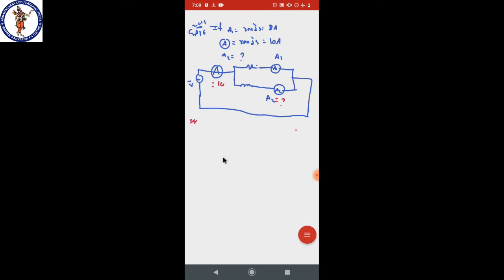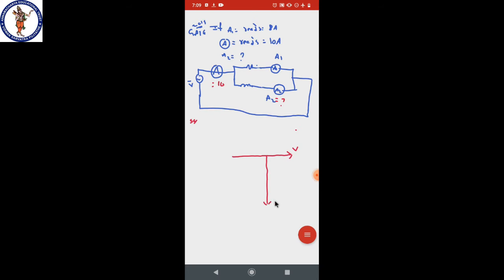In the phasor diagram, voltage V will be the reference for the circuit. The inductor current will be 90 degrees lagging.